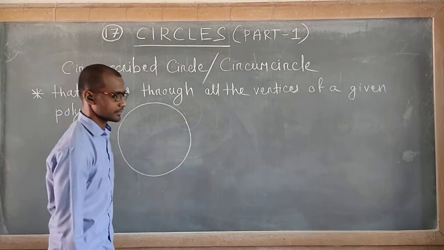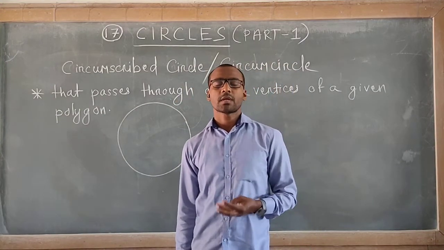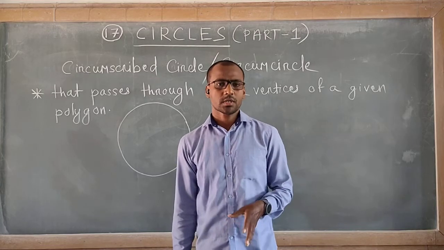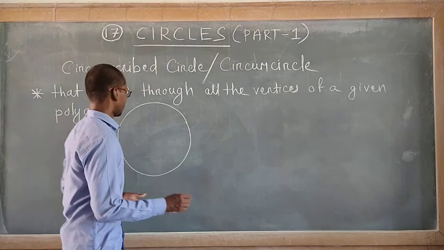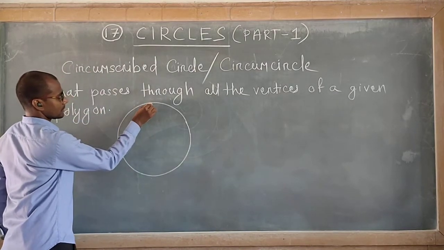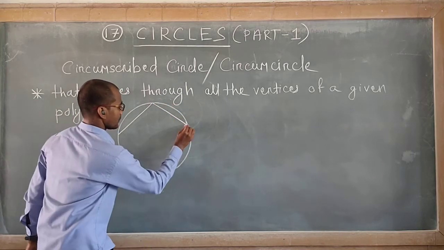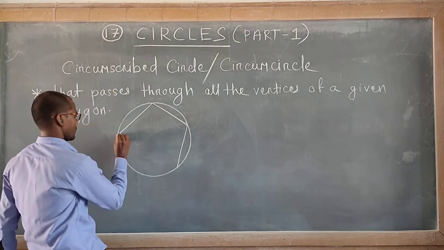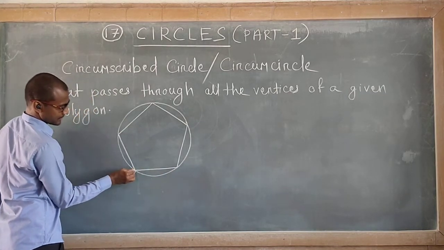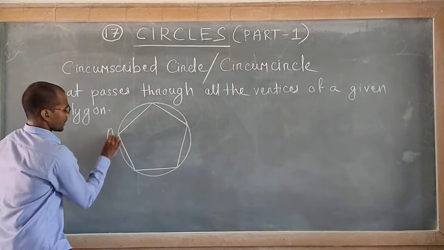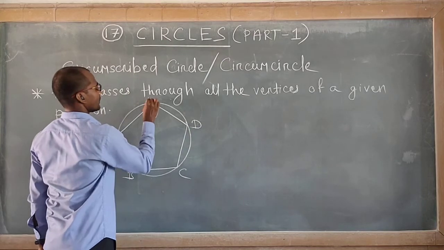For example, I draw a circle. Now polygon means it can be a triangle, quadrilateral, pentagon, hexagon, heptagon, etc. We can draw any one. Suppose I draw a pentagon, ABCDE.